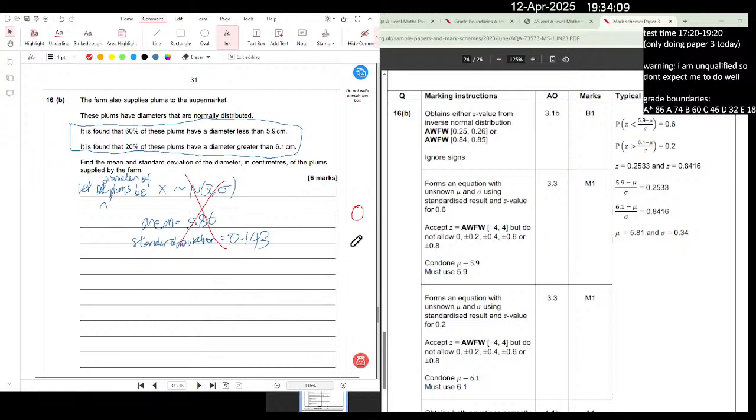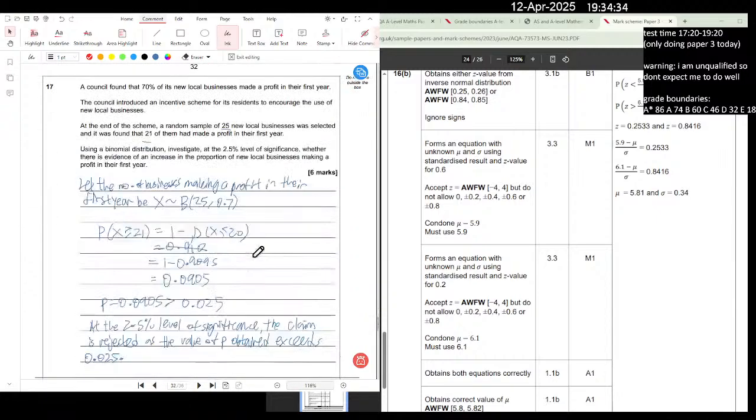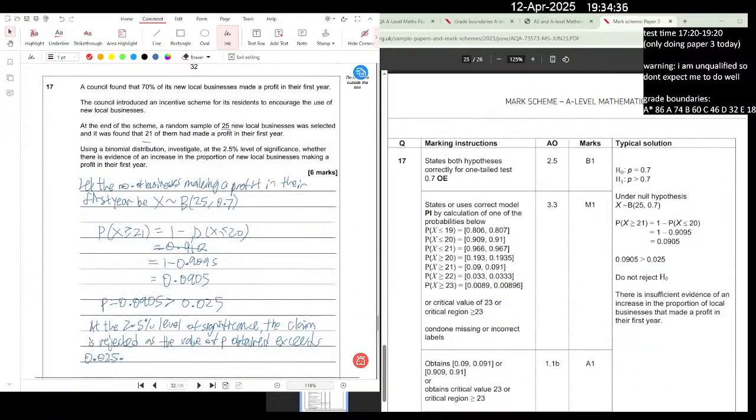But I did say I know what you have to do: form 2 equations in the mean and the standard deviation, and then you can solve it. But I forgot how to do it. I just don't know. So yeah, that's why I couldn't do it. It's 0. Okay, last question now.